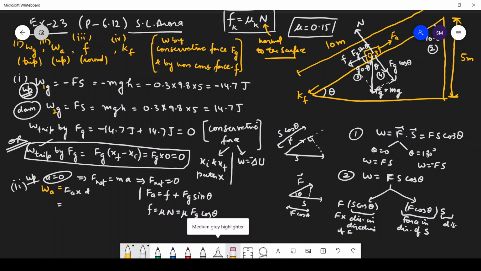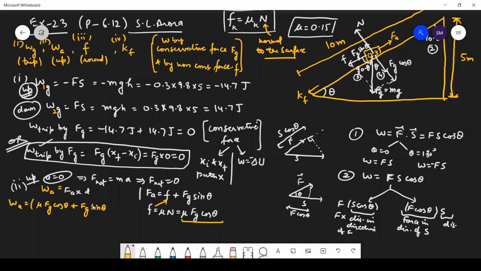So students, this work done by the applied force, we can write it as, so this is what force of friction is. So the applied force is nu Fg cos theta plus Fg sin theta, and theta is 30 degrees.